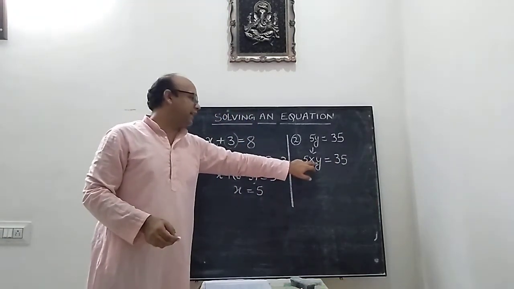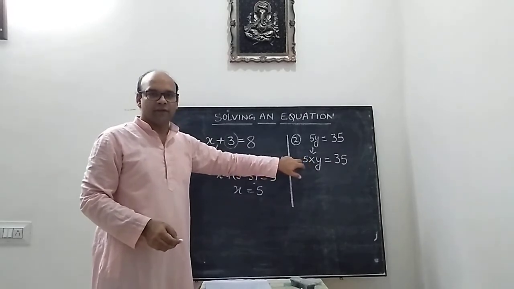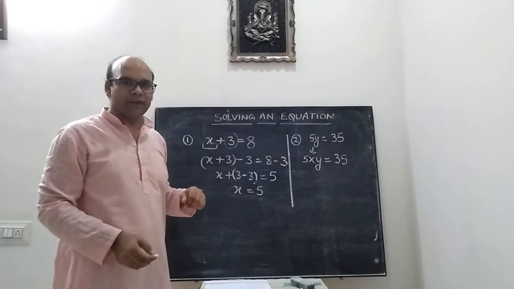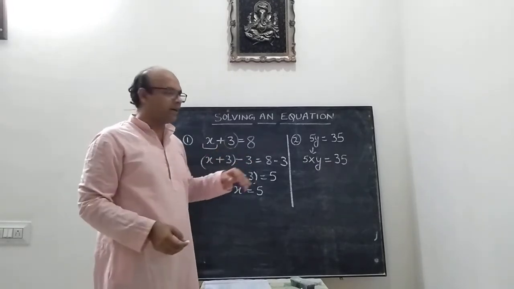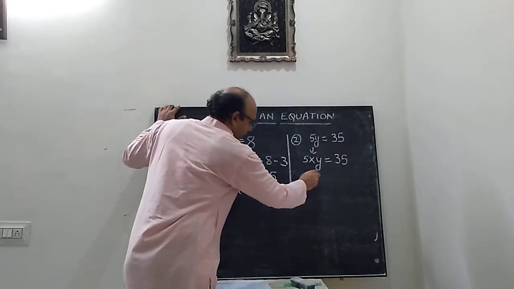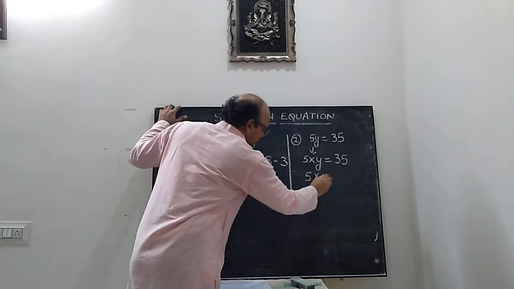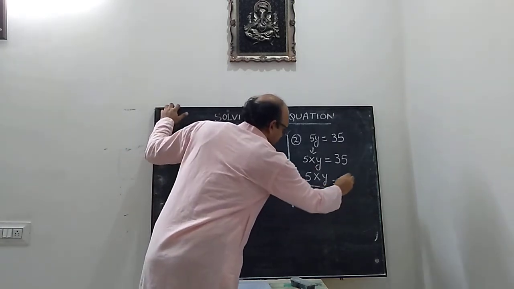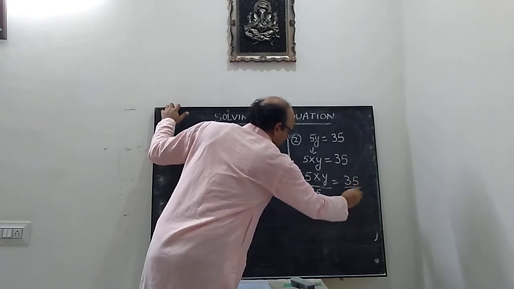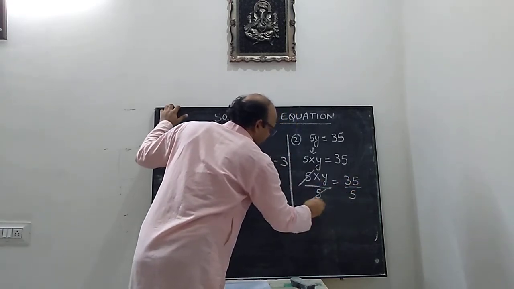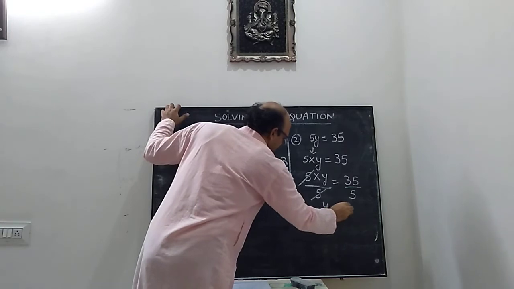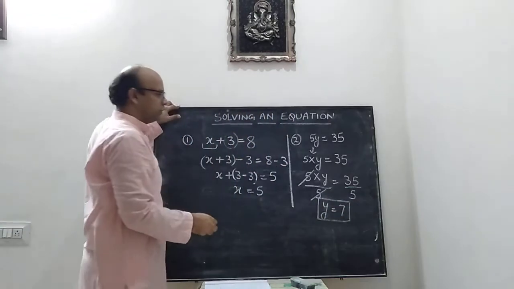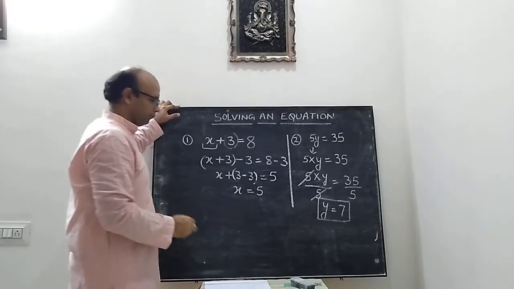Because y is multiplied by 5, what is the inverse operation? We divide both sides by 5. So this is 5 into y, dividing both sides by 5, we get 35 upon 5. So 5 cancels out, y is actually equal to 7. This is the solution of this equation.